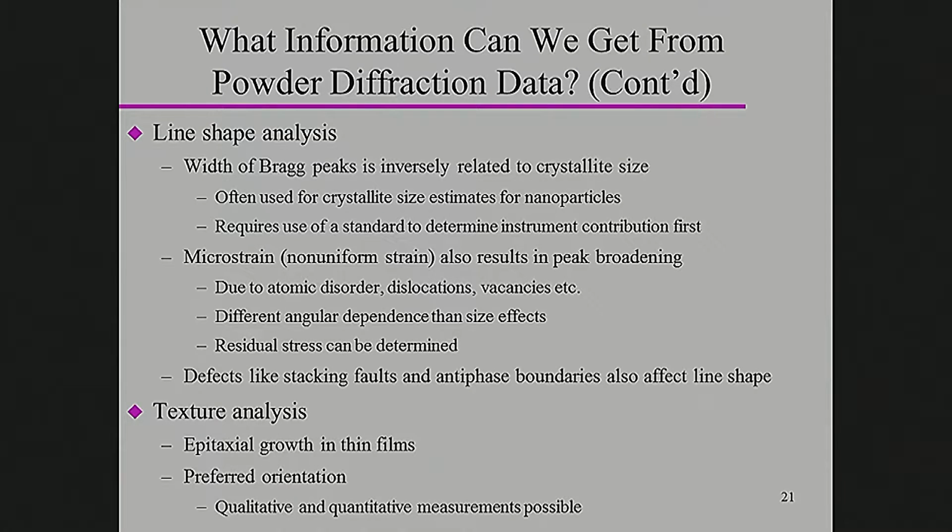The last thing that you can do is so-called texture analysis. We talked about an ideal powder being an infinite number of small, randomly oriented crystallites. Texture is the opposite of random orientation. It's something where you have special orientations. This could be desired. If you ever met people who work with thin films, they often want to grow epitaxial films with a perfect orientation.